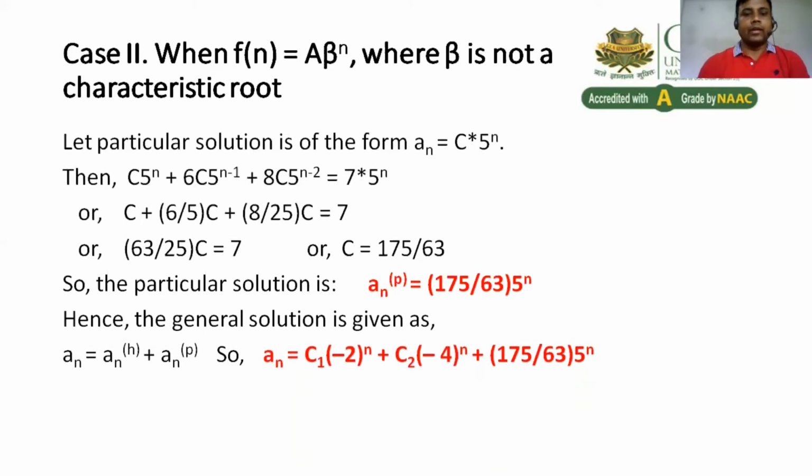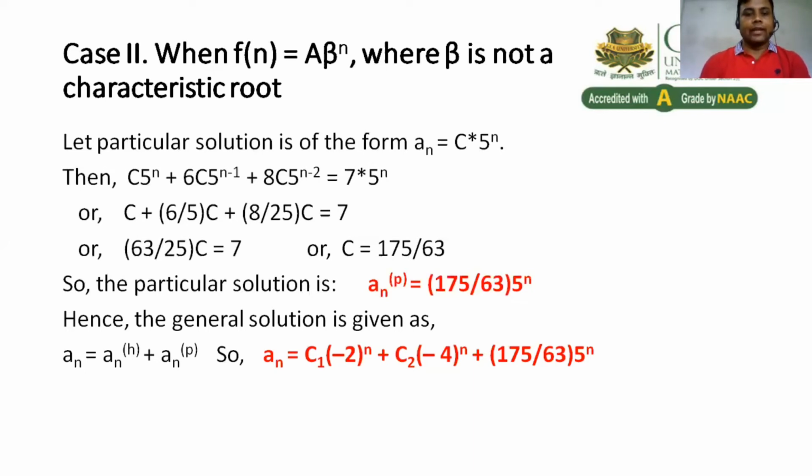Therefore it will be c1 times minus 2 raised to power n plus c2 times minus 4 raised to power n, which is the homogeneous solution part, plus 175 upon 63 times 5 to power n, and that is the particular solution part. In this way we can solve any recurrence relation whenever the non-homogeneous part is an exponential function of the form a beta to power n, where beta is not a characteristic root.